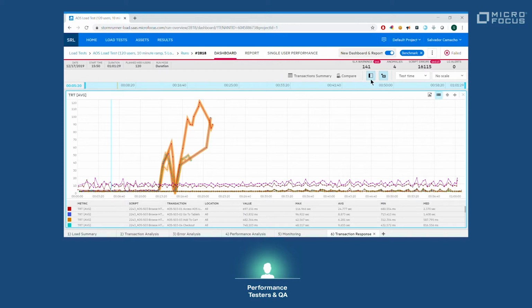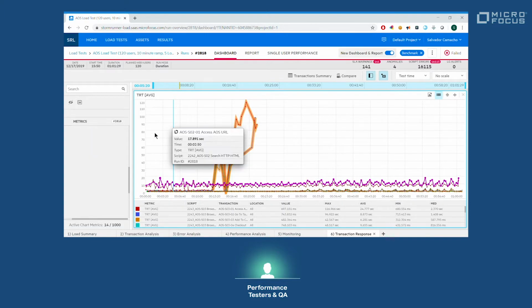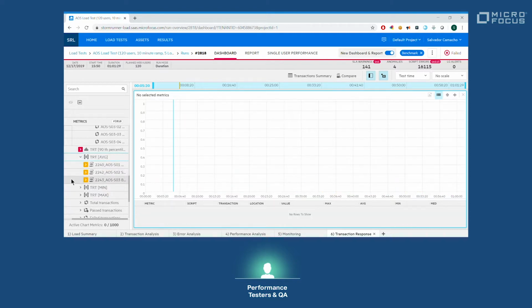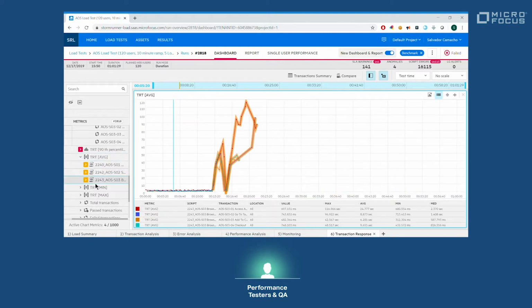Now, if we want to dig deeper into the actual scenario 3, because we already know that scenario 3 is having the issue, let's hide everything and let's just show scenario 3. So here's just scenario 3, but you can see the high response time is for the first transaction.